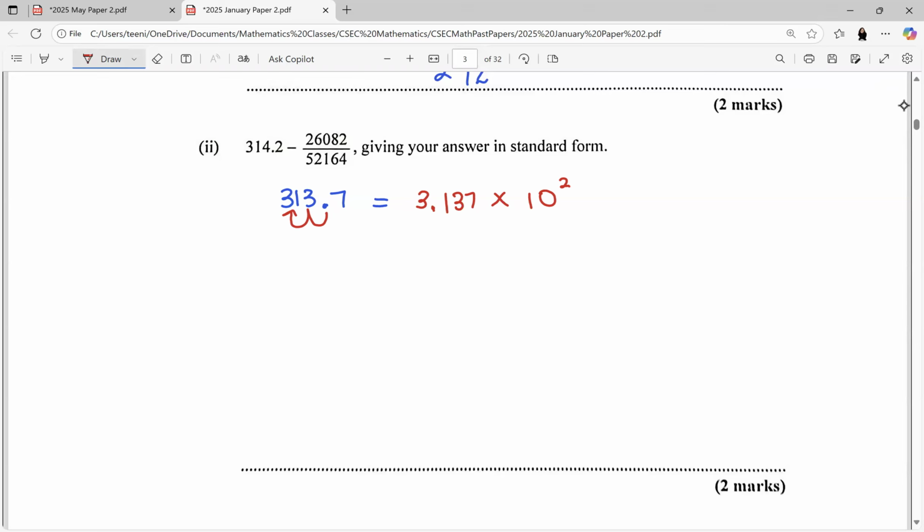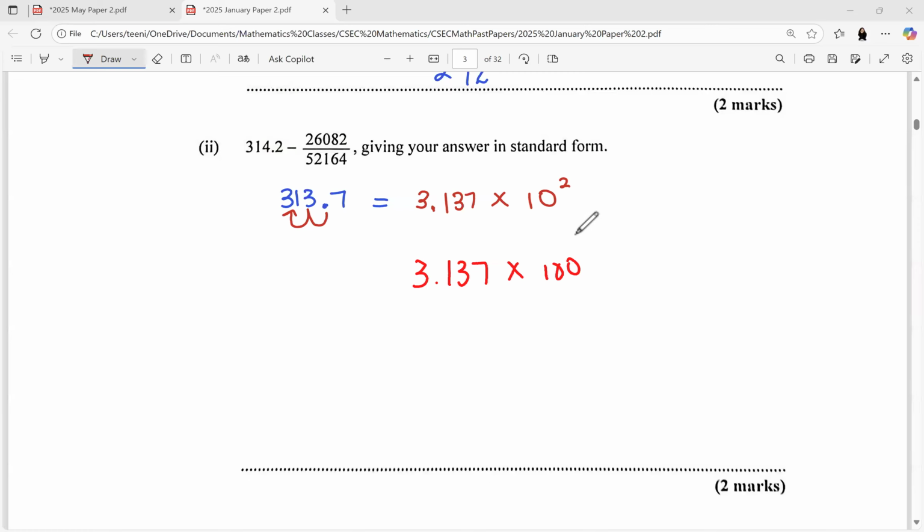So I always check it back to see if my answer is correct by just typing this into the calculator. So I want to type back into my calculator 3.137 times, well, 10 to the power of 2 is 100. So you could literally just type that in, or you could do 10 squared and see if you get back the 313.7.